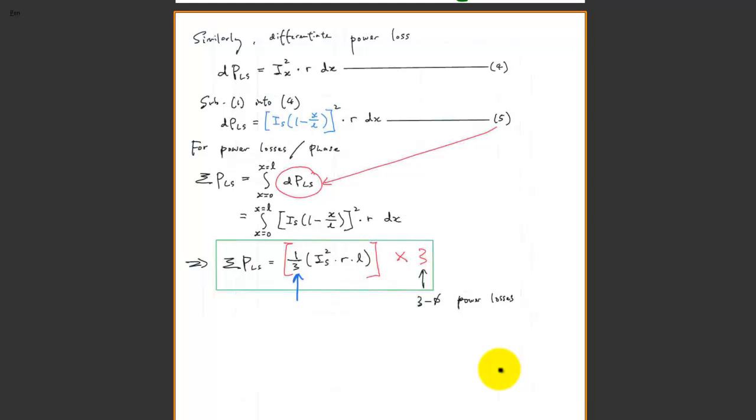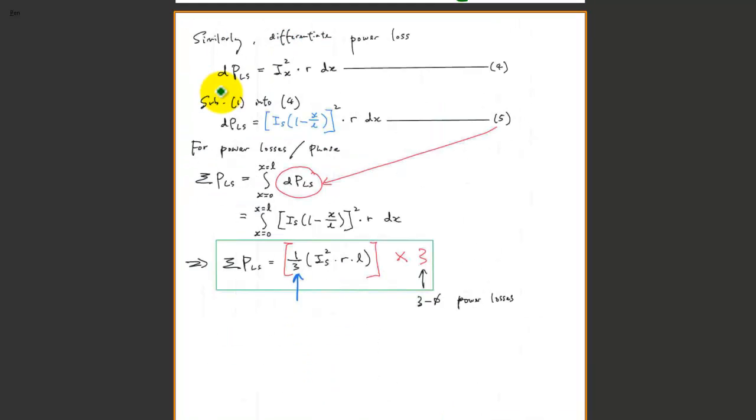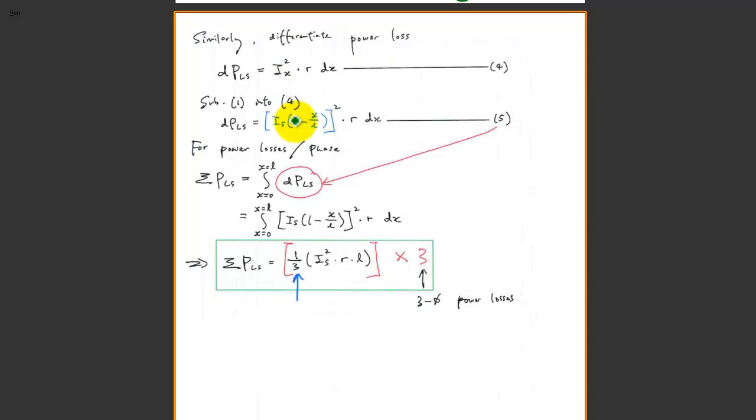Similarly, for the power loss, it will be the same. So the power loss is the I squared R, as I mentioned. So the Ix squared times R with respect to distance. So we know that we have to integrate the dx. So the current as a function of that geometry here has to be replaced with this equation, right? So that will be replaced here.